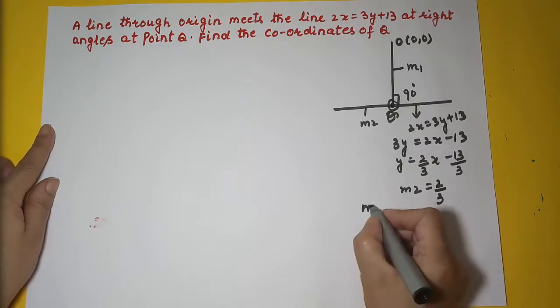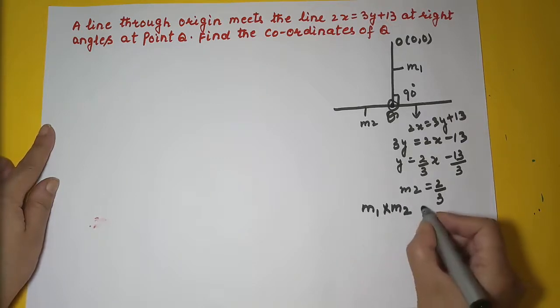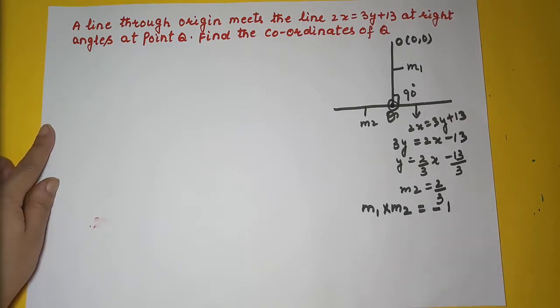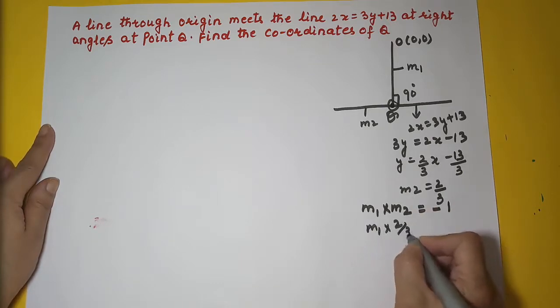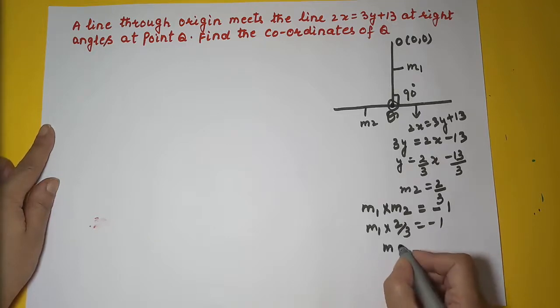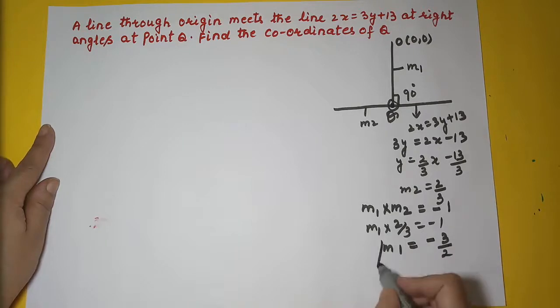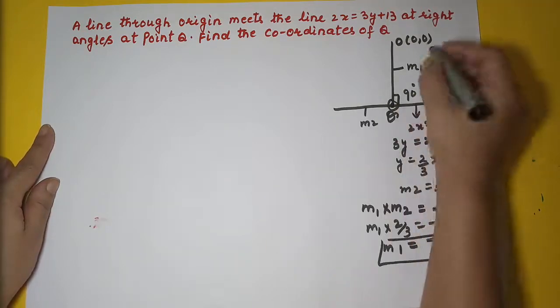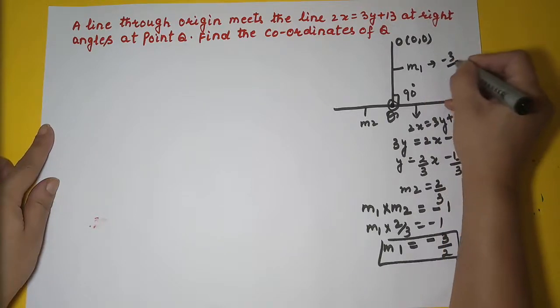Now I know that these two lines are perpendicular to each other. So product of their slopes is -1. Now m1 into 2 by 3 equal to -1. This gives me m1 as -3 by 2, right?